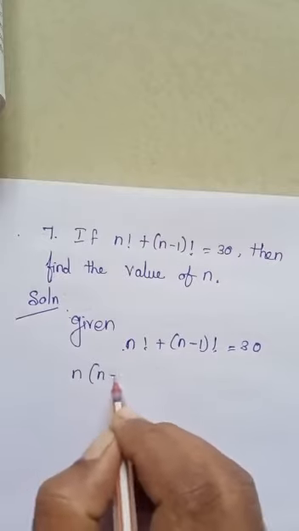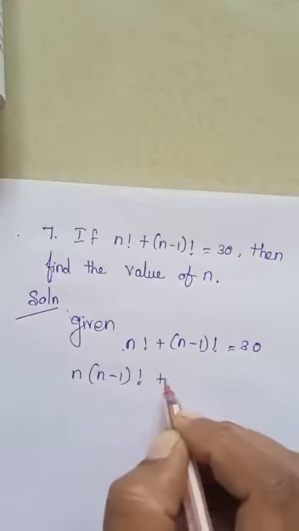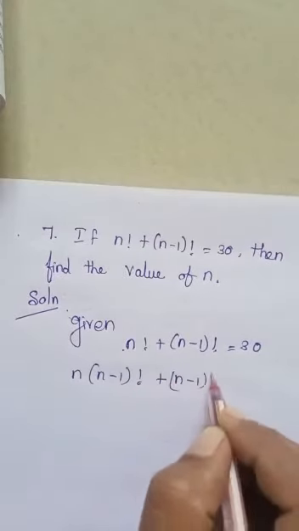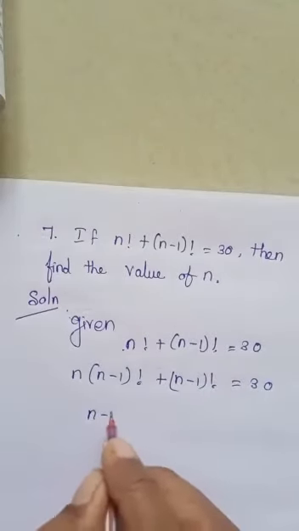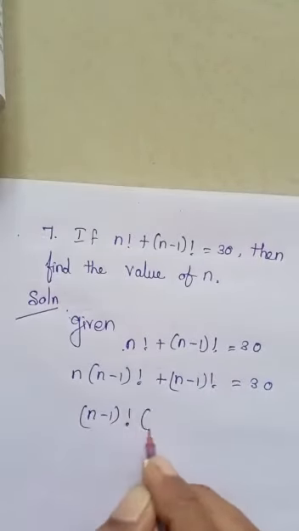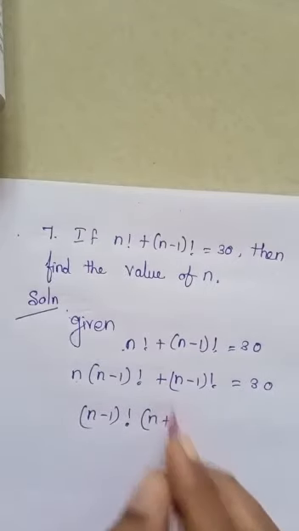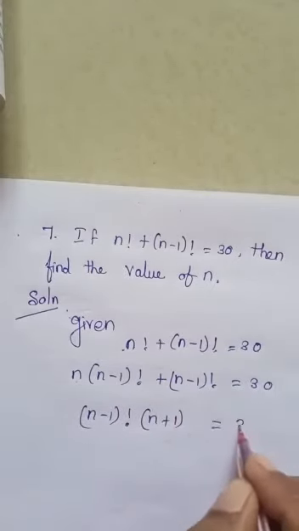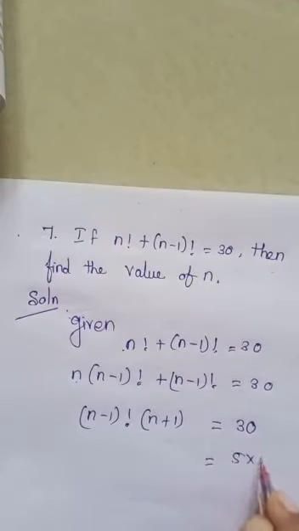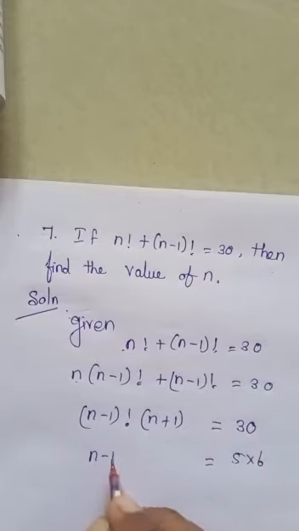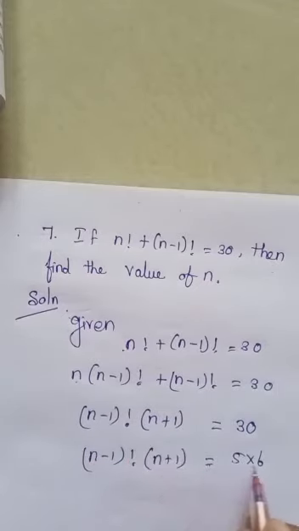So n into n minus 1 factorial plus n minus 1 factorial is equal to 30. n minus 1 factorial is common. Here n plus 1 equal to 30. This 30 also I am going to simplify. We know that 5 into 6 is 30, isn't it? See, n minus 1 factorial into n plus 1 equal to 5 into 6.